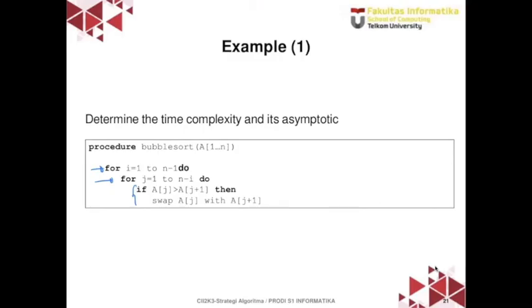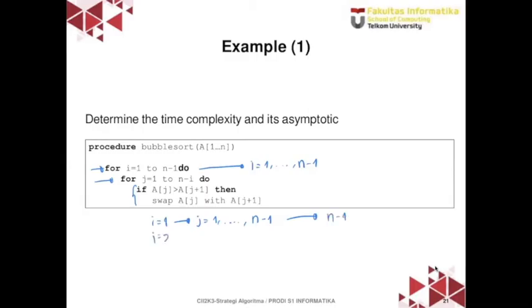So here, for the first loop, the outermost loop, i can be 1 until n - 1. And if we have i equals 1, we need to compare in the case where j equals 1 until n - 1. So the comparison will happen n - 1 times.